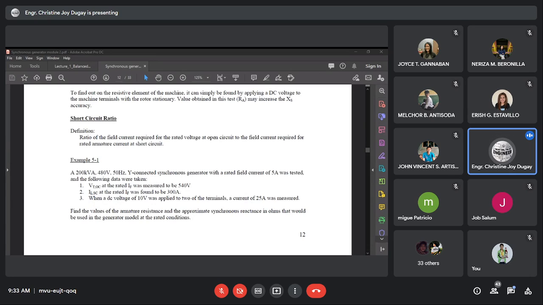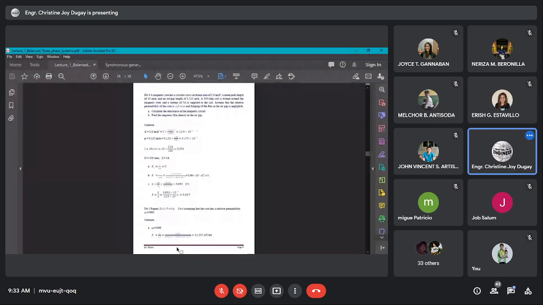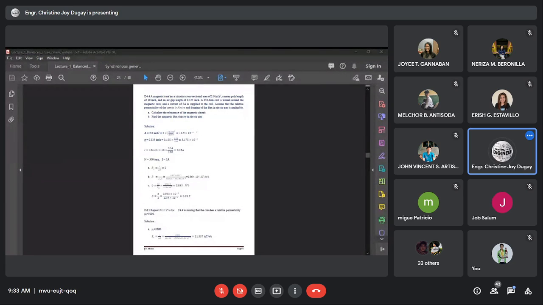So, paano natin mahahanap si RA at saka si XS? RA at saka XS. How are we going to find that one? So, sinong uunahin natin? Si RA po ba o si XS? Based dun sa na-discuss natin kanina, ano ang unahin po natin na hahanapin?